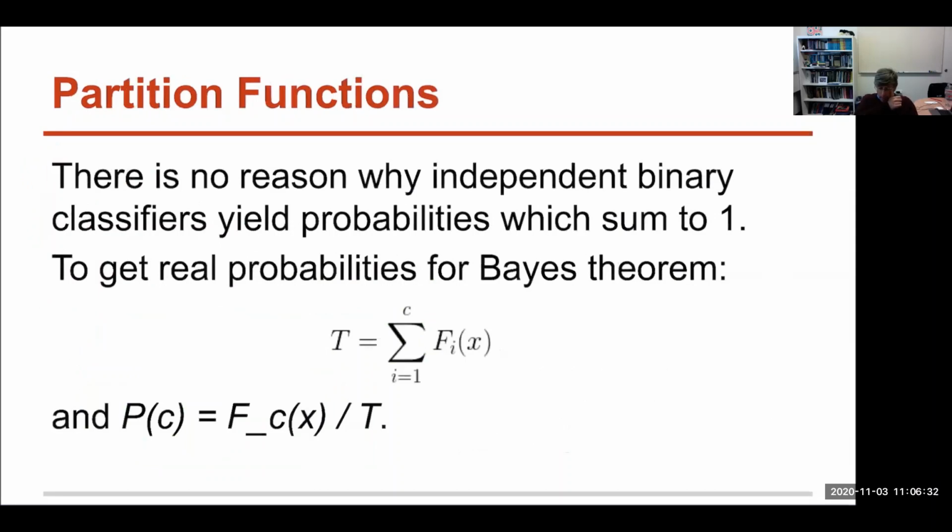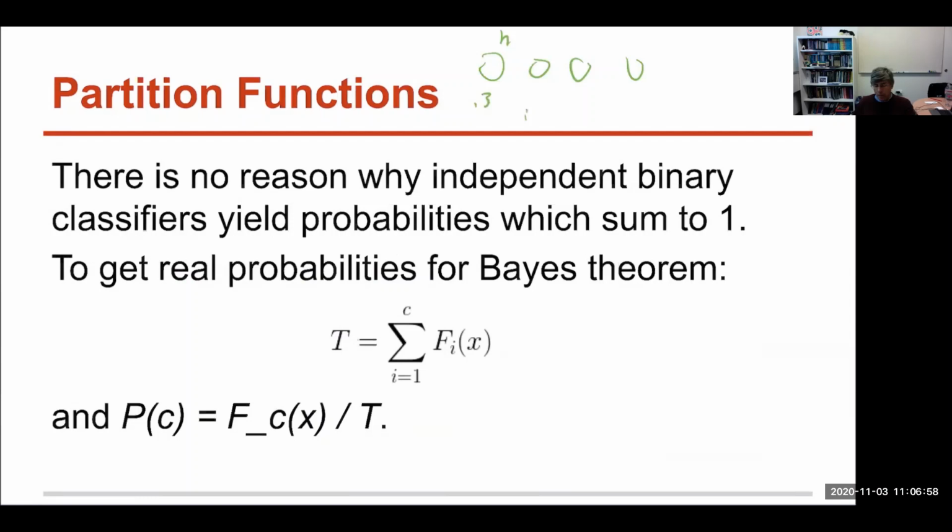The final thing that I wanted to say is that when you do the one versus all classifiers, you're going to end up with k classifiers, each one of which will give you a probability. The probability of being in class A might be 0.3.